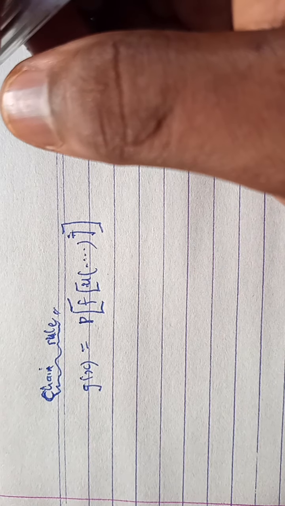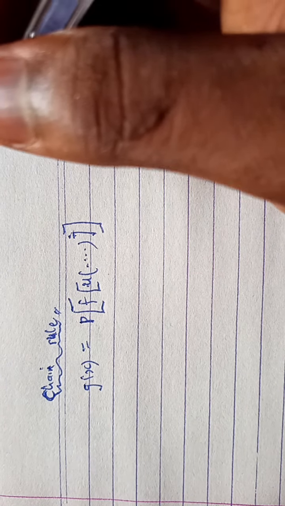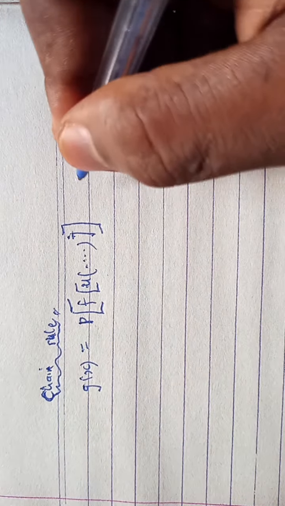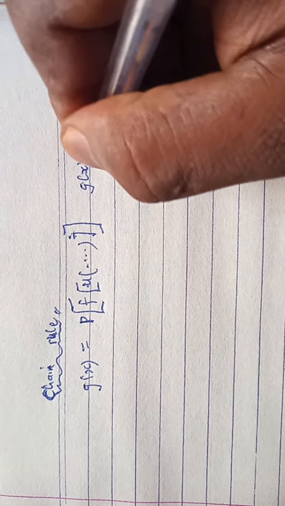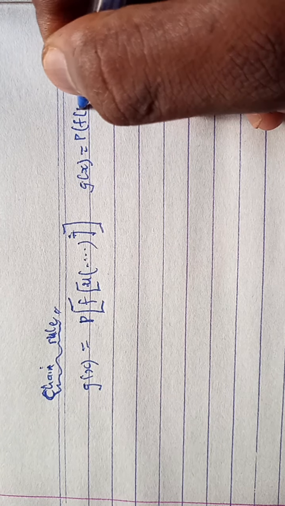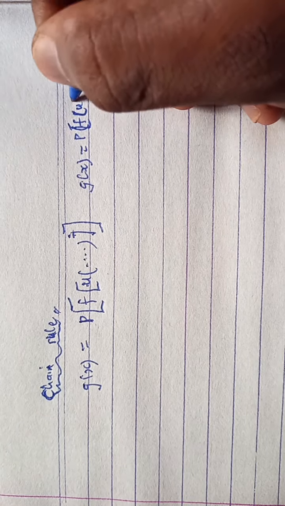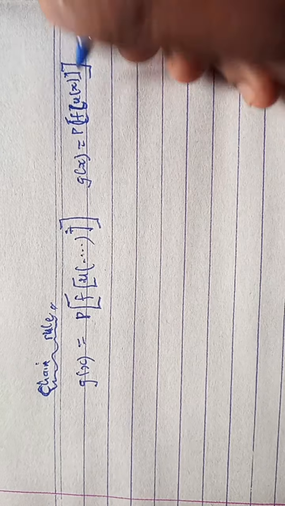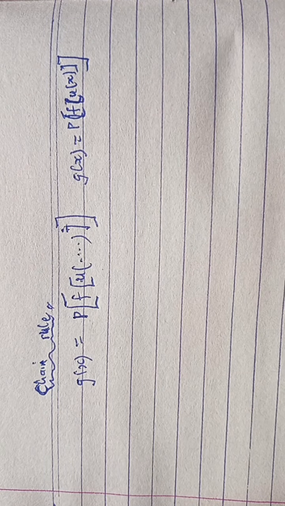Assuming it's a composition of three functions, we would have g of x equal to p of f of u of x. This way, we would have it this way. So guys, this is what I'm talking about.